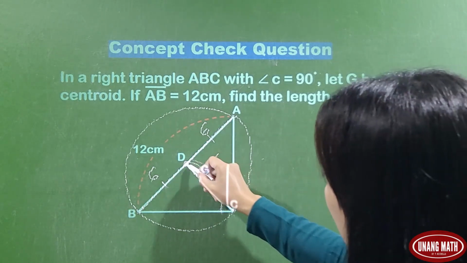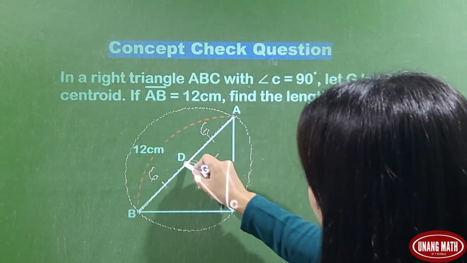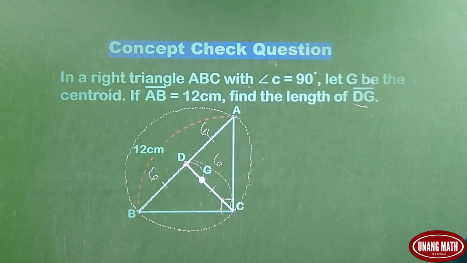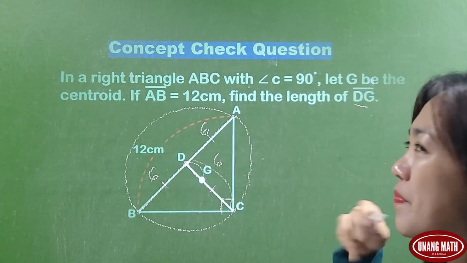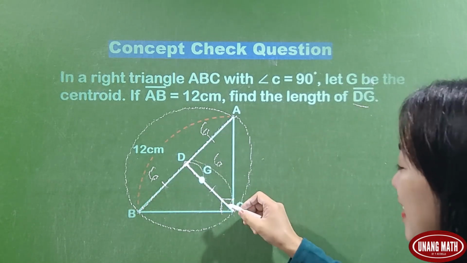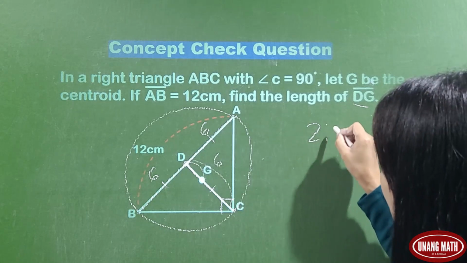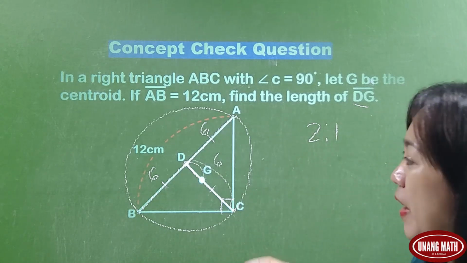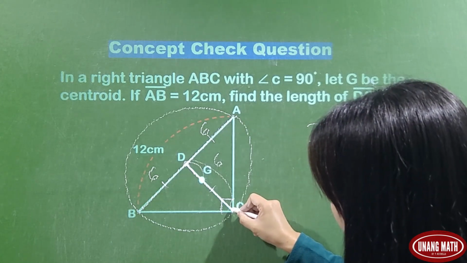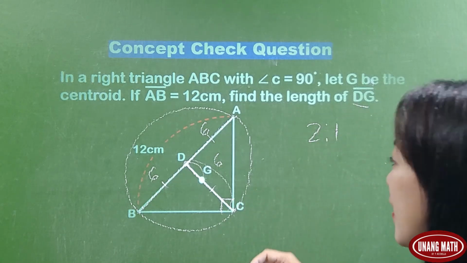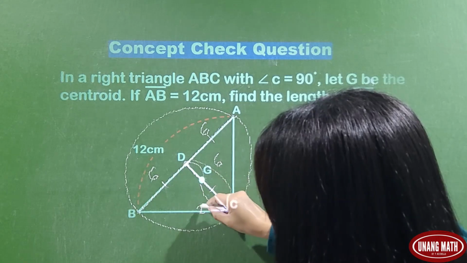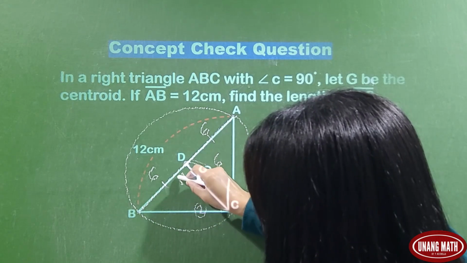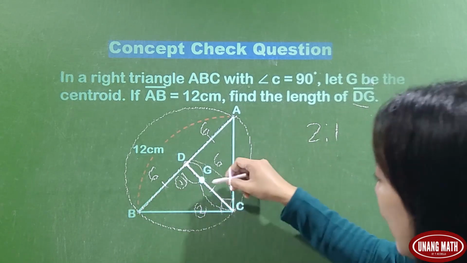We are looking for this segment DG. And since this is our median, then the concept would be it's in the ratio 2:1. And that is from the vertex of the triangle. So this ratio is 2:1.